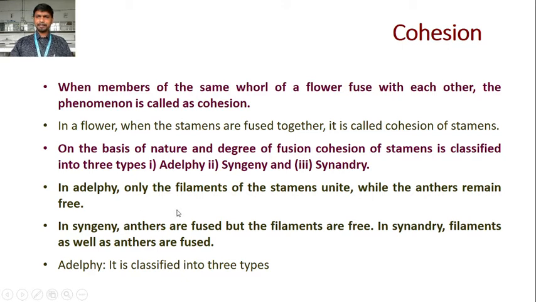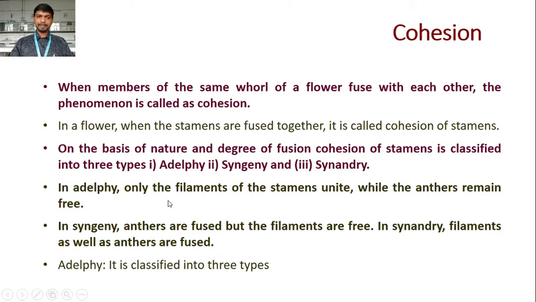These different categories have been made for cohesion of stamens on the basis of nature and degree of fusion. If you remember, the parts of the stamen consist of anther, filament and connective.